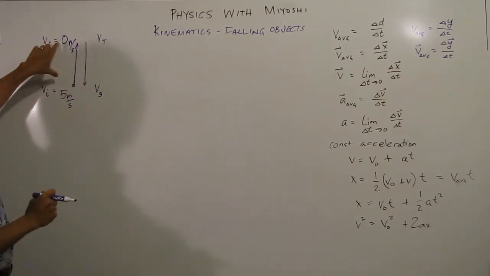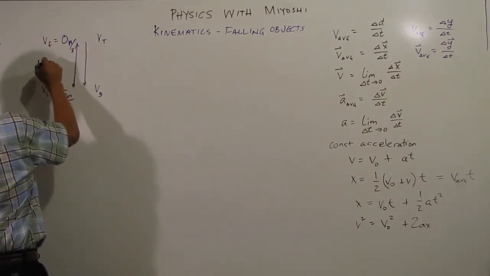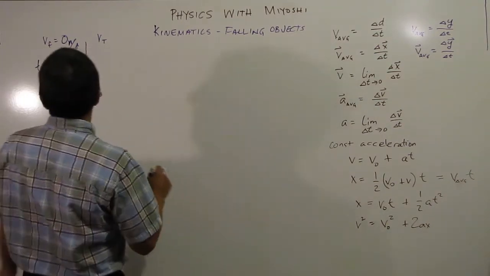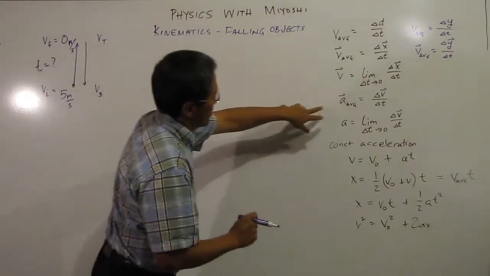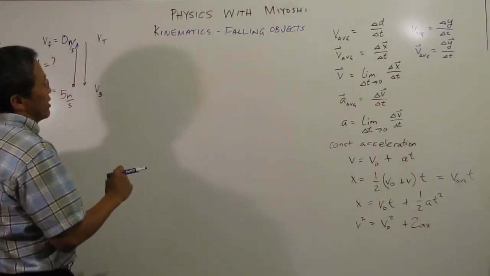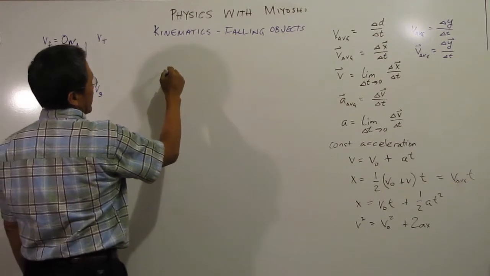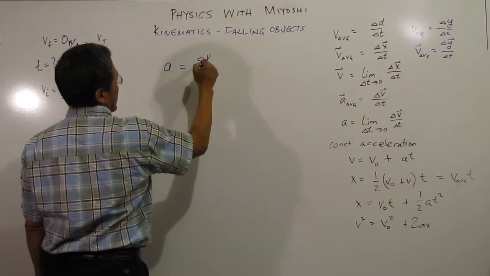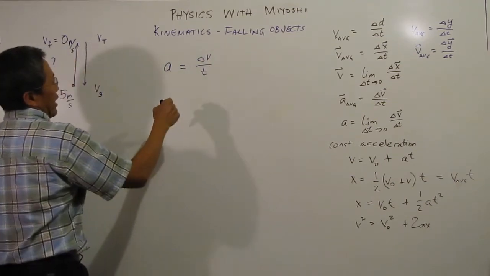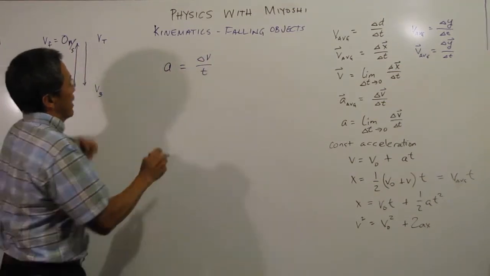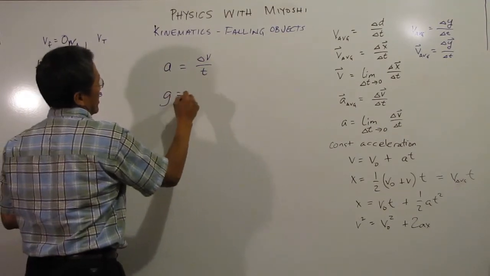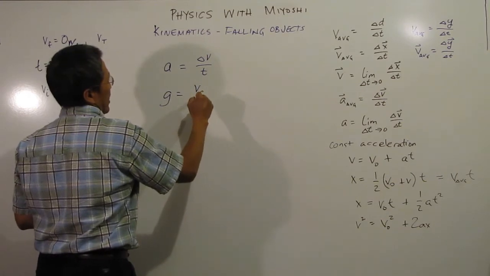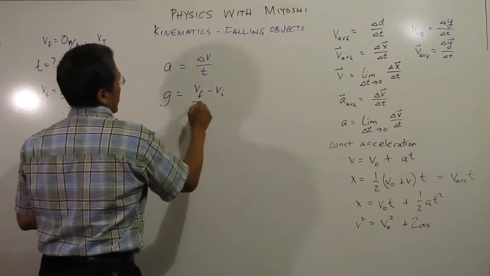So if I just look at this equation here, what is the time it takes to get to the top? Well, I can use the acceleration equation, and I know the acceleration is gravity. But let's start out with the equation. My acceleration is g, which is delta v over t, that's v final minus v initial over t.